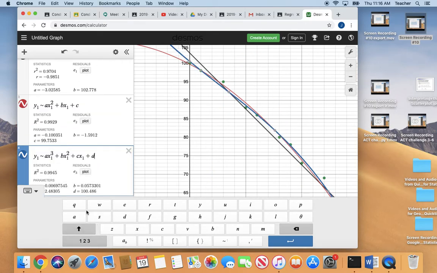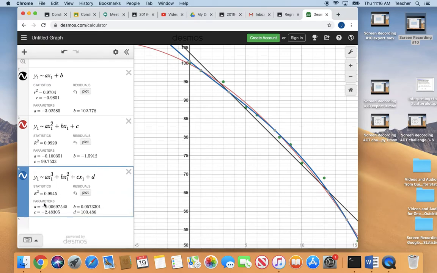If you look at that, my R squared, or correlation coefficient, in this case is 0.9945, and that's even closer than 0.992. So right now the cubic model is the best one for this data because it has the highest correlation.